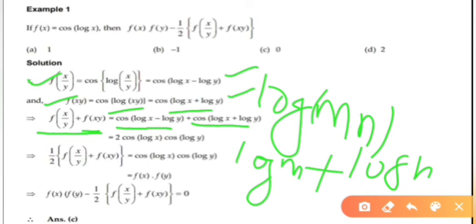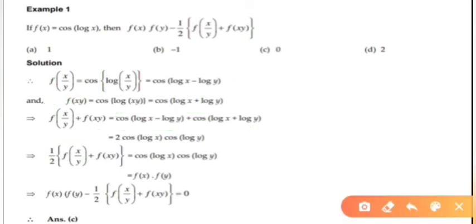Now it is in the form of cos a minus b, and the second one is cos a plus b. Already we know the formula: cos a minus b can be written as cos a cos b plus sin a sin b, and cos a plus b can be written as cos a cos b minus sin a sin b.